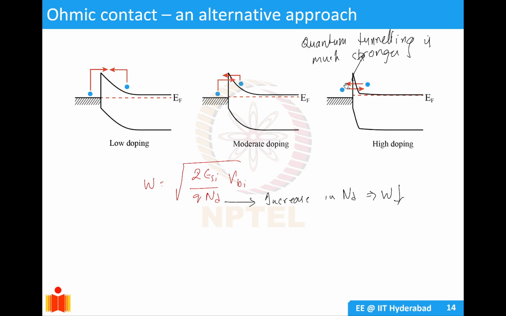Due to this strong tunneling current, the barrier is no longer blocking your current, and it becomes like an ohmic contact, because there is no more blocking of current due to the barrier.